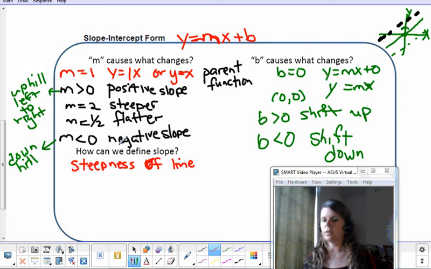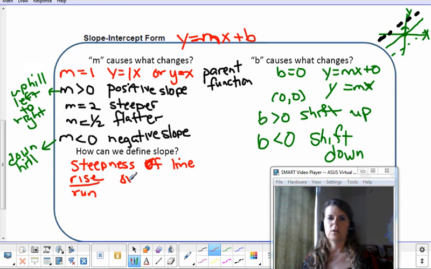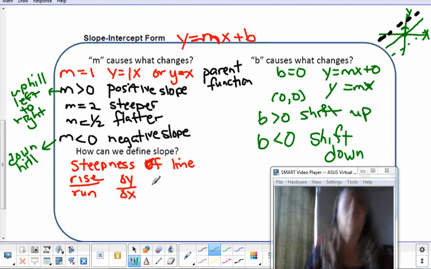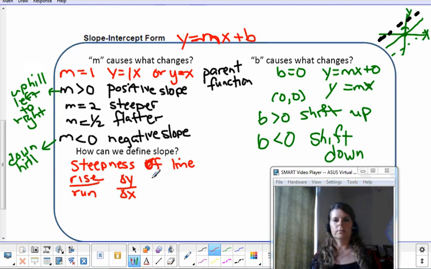Maybe you're saying it's the rise over the run. Well, if we think of the rise over the run, really what we're saying is it's the change in y, that's your up or down, over the change in x. And this is called rate of change.